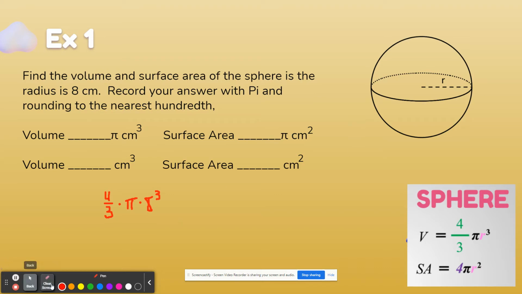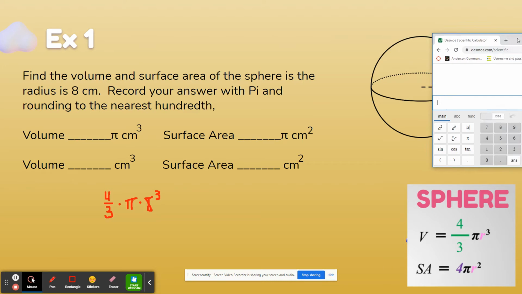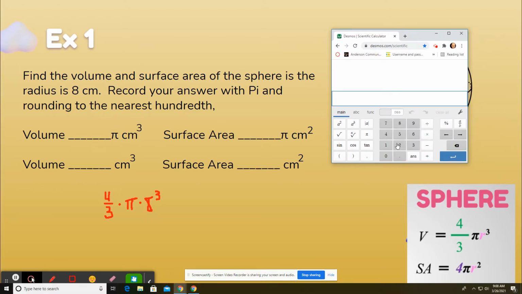So what you're going to do is take your calculator and enter in 4/3. Remember, fractions are division. So 4 divided by 3 is 4/3. Times, we're going to skip pi, 8 cubed. We hit this A to the B button and press 3 and it gives cubed.